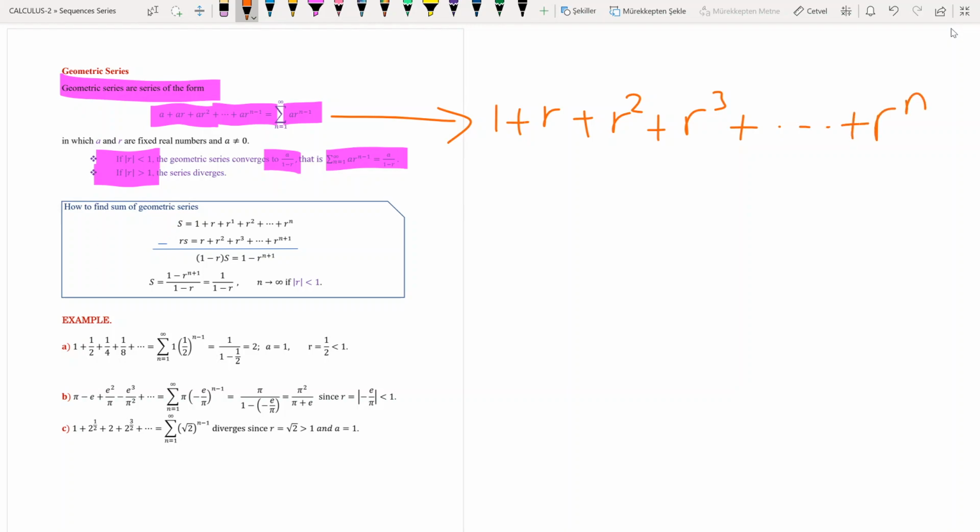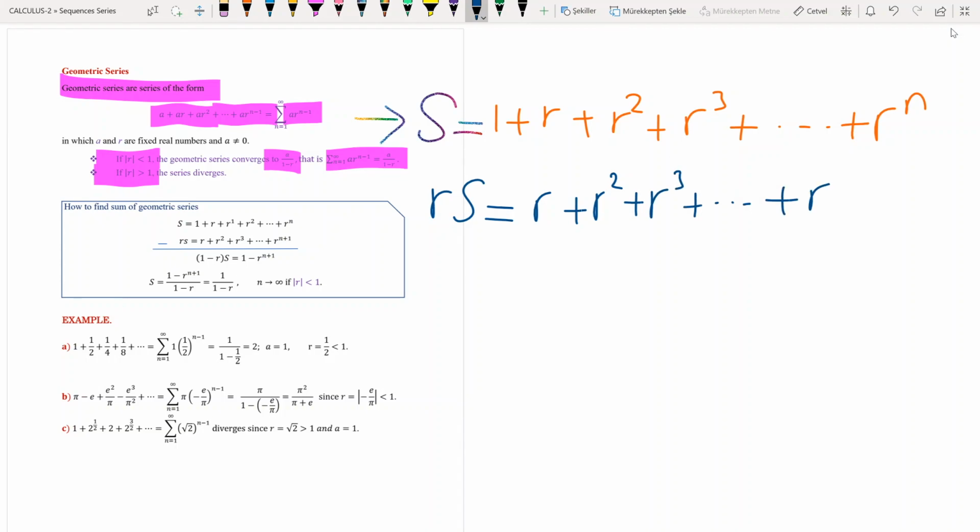Let's call this s. s is equal to this. Let's multiply this equality by r. Then we have r times s is equal to r plus r squared plus r cubed plus r to the power n plus 1.